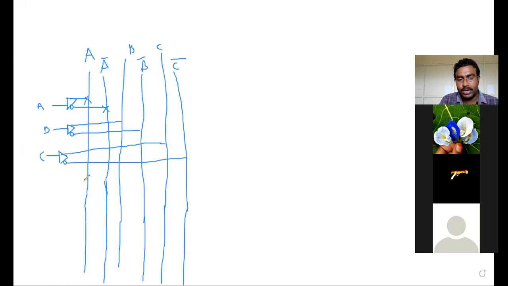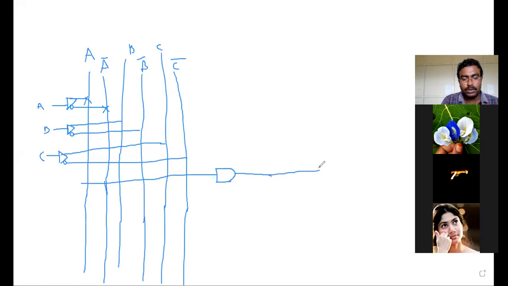Now let us go and design the programmable AND array, students. Let us take a line and give the connection to an AND gate, like this. Students, tell me how many product terms you are having here. Since we have 3 product terms, have 3 lines connected to 3 AND gates.